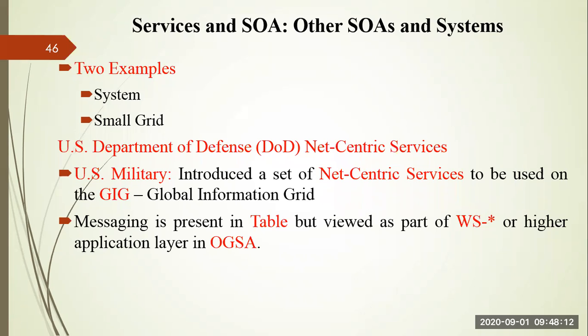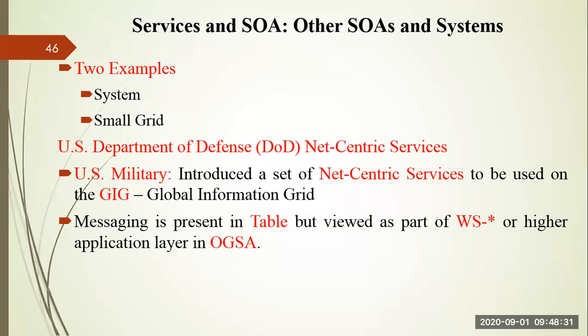It introduced a set of net-centric services to be used in the global information grid. They are using these net-centric services in the grid, so that each and every service is doing some of the functionalities.